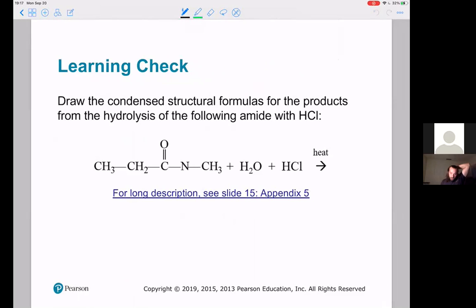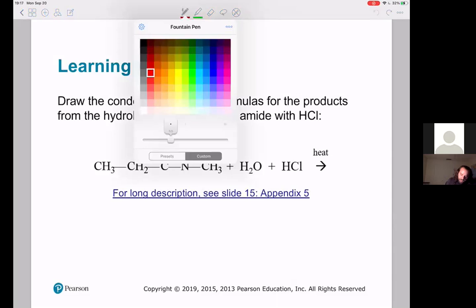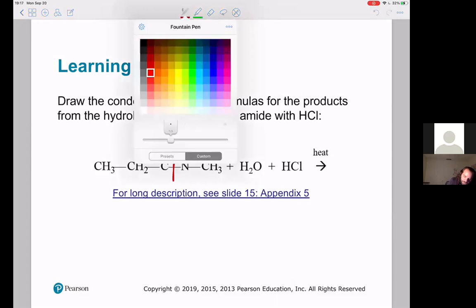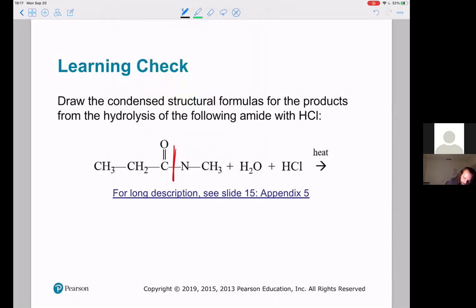All right, so now let's draw the products of this reaction where we have our amide in the presence of hydrochloric acid. So now this is the acid catalyzed hydrolysis. Again, where am I going to cleave? I'm going to break this molecule apart there. So that means I'll have 1, 2, 3 carbons in my carboxylic acid. And it will indeed be the acid form because we're under acidic conditions.